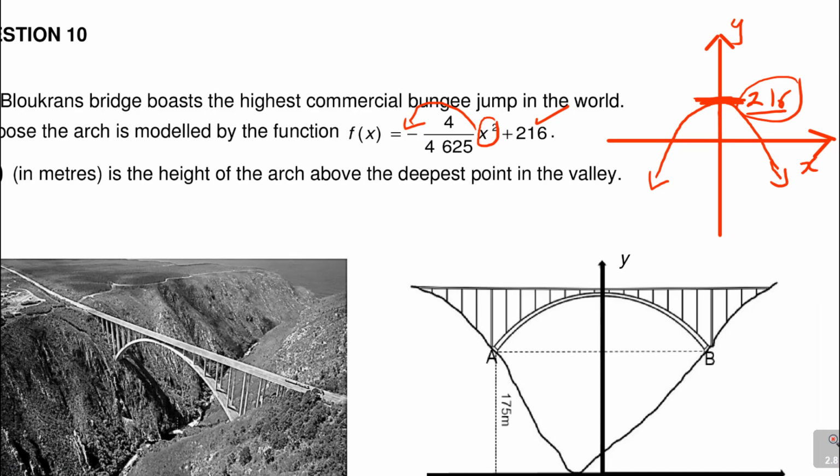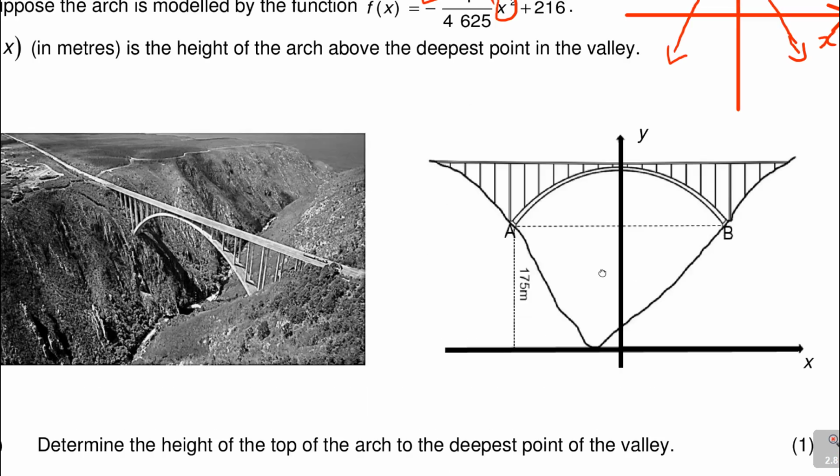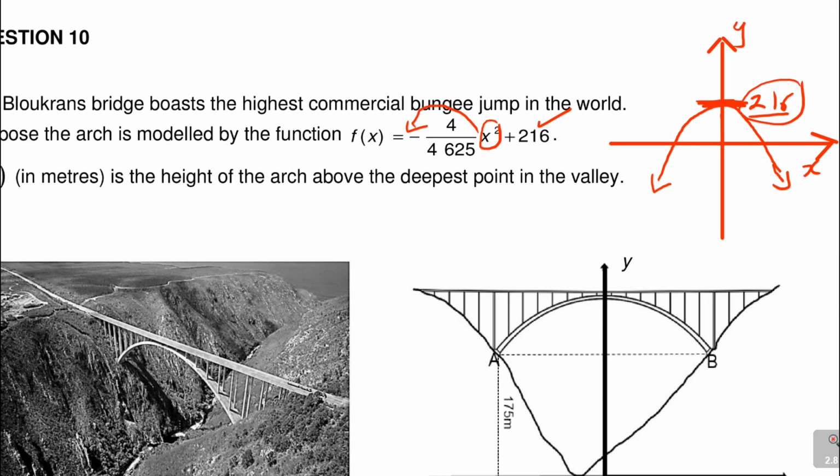Do you see that? So that's why the question here, determine the height of the top of the arc to the deepest of the valley. So if you look at it, the deepest of the valley, this is where the graph actually starts. It will be like this, because along the x-axis the graph is going to cut. So you'll be having something like this.